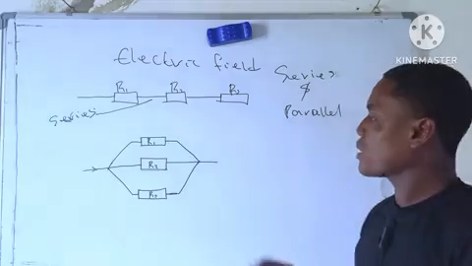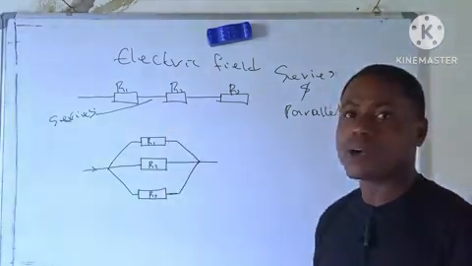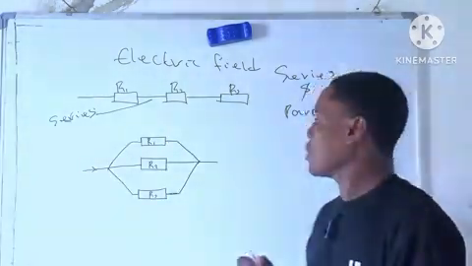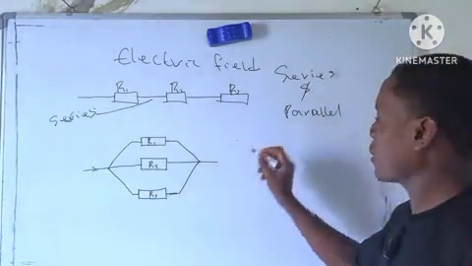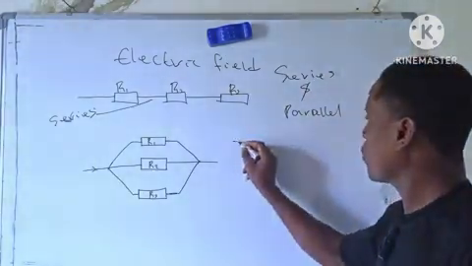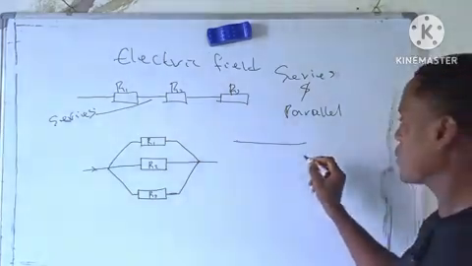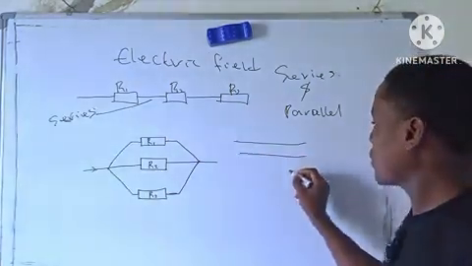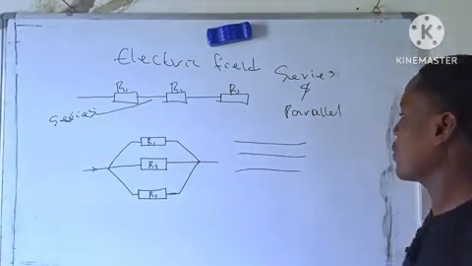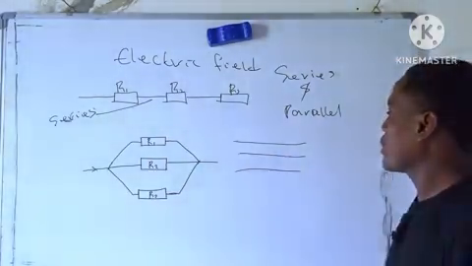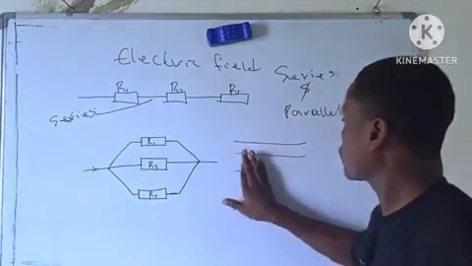Now look at the second diagram. The resistors are parallel to each other. When we talk about parallel, let me draw this line. This one, a straight line, this another straight line. Let me just draw only two lines.